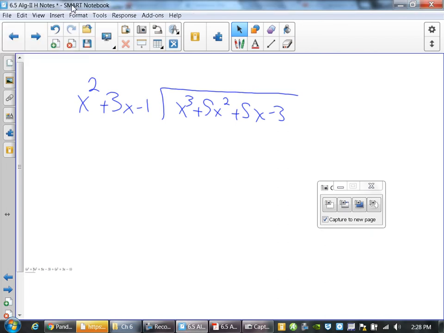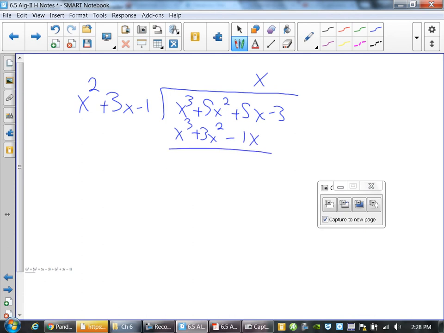All right, let's take a look, see how you did. What do you multiply x squared by to turn it into x cubed? X. Distribute out, you get x cubed plus 3x squared minus 1x. Subtract out, we get 2x squared plus 6x minus 3.